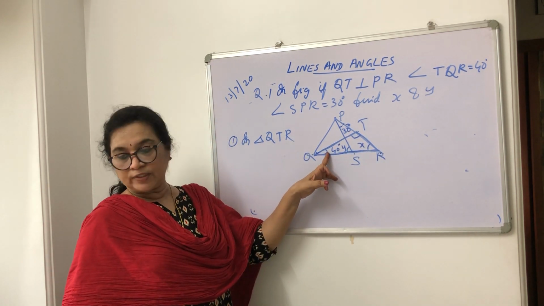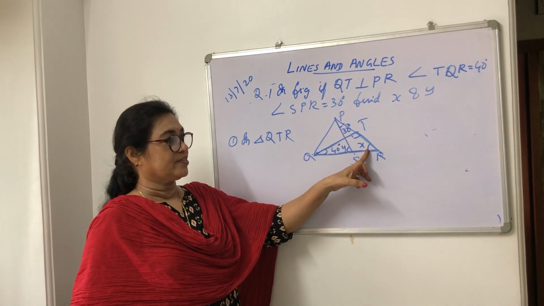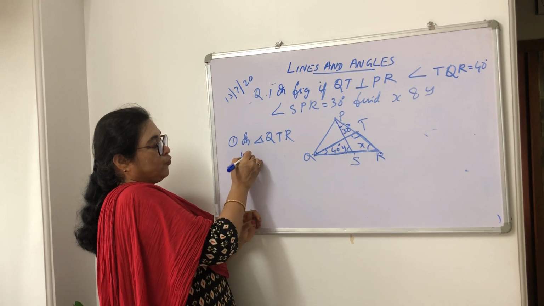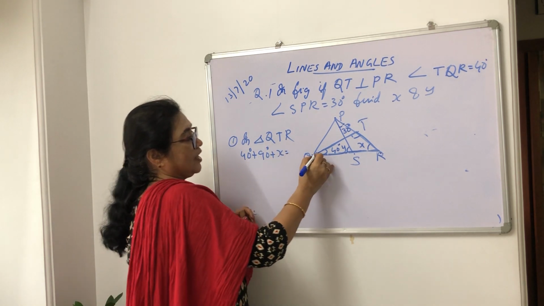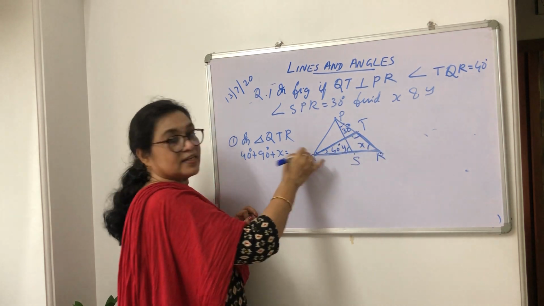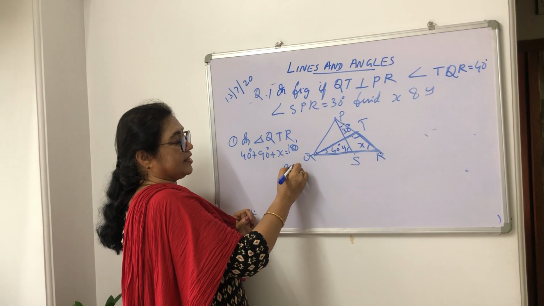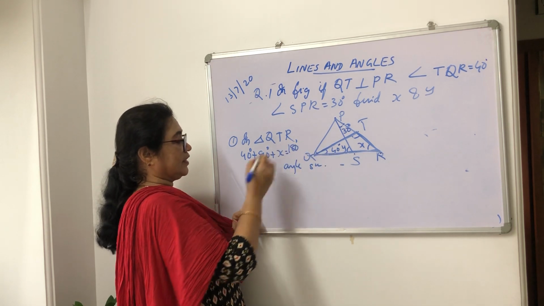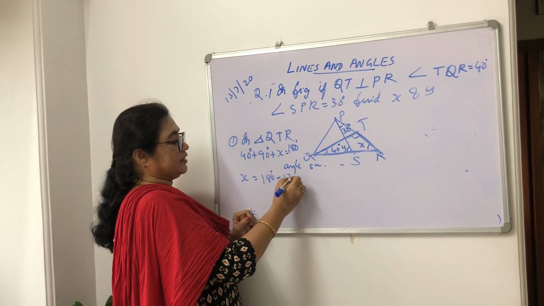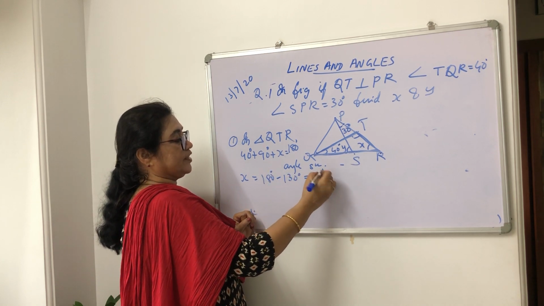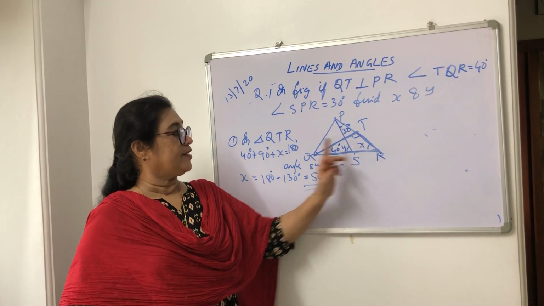This angle is 40, this angle is 90, you need to find out this X. Therefore 40 plus 90 plus X, sum of the three angles of this triangle is 180 degrees. The reason is angle sum property of a triangle. So X equal to 180 minus 130 equal to 50 degrees. The value of X is 50 degrees.